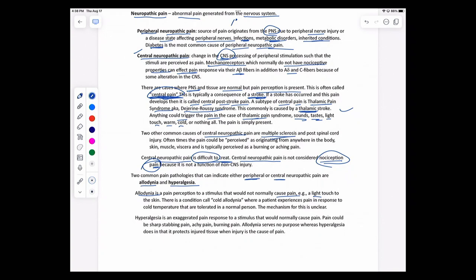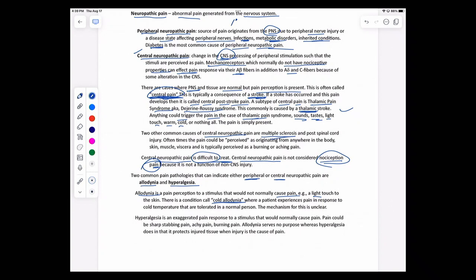Poorly understood. Again, allodynia could be associated with peripheral neuropathic pain, or with central neuropathic pain. There's a condition called cold allodynia, where the patient experiences pain in response to a cold temperature that is quite normal and normally not causing pain.